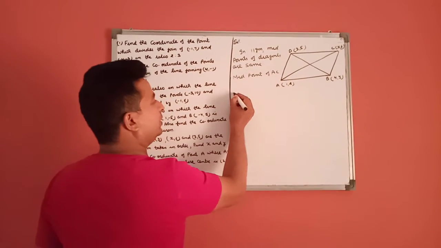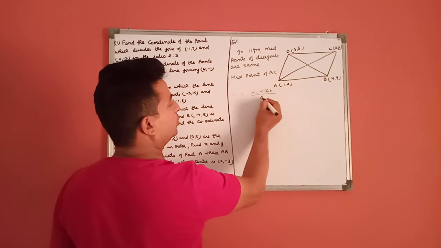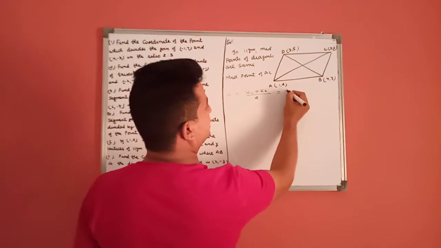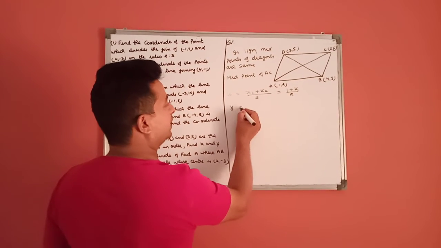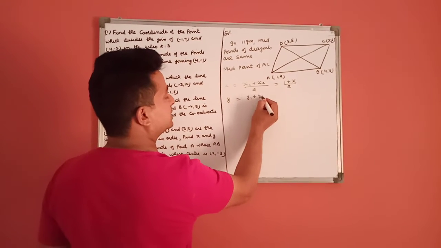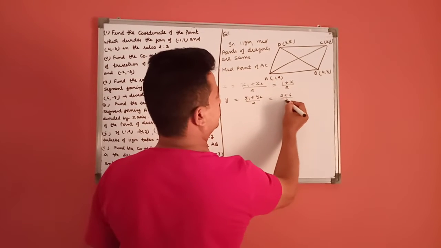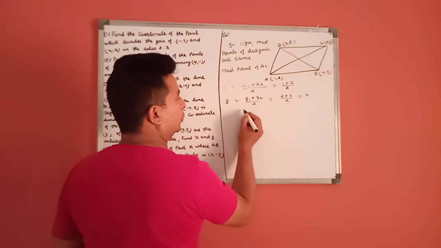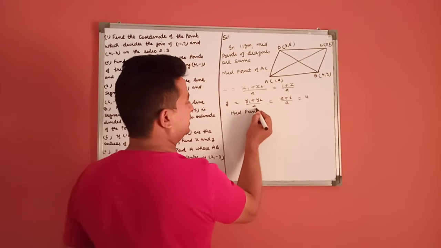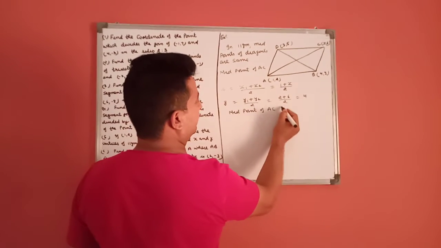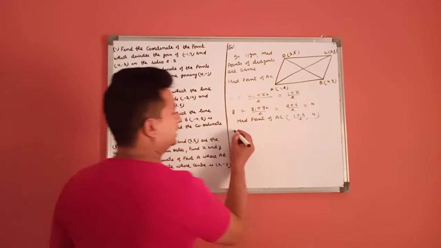As we know, the midpoint formula is (x1 plus x2) upon 2 and (y1 plus y2) upon 2. That is (1 plus x) upon 2, and (2 plus 6) by 2, 8 by 2, 4. So the midpoint of AC is ((1 plus x) upon 2, 4).